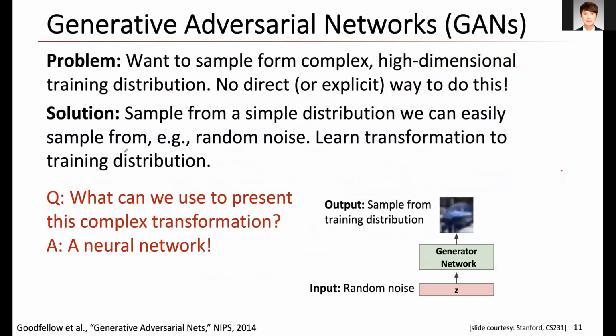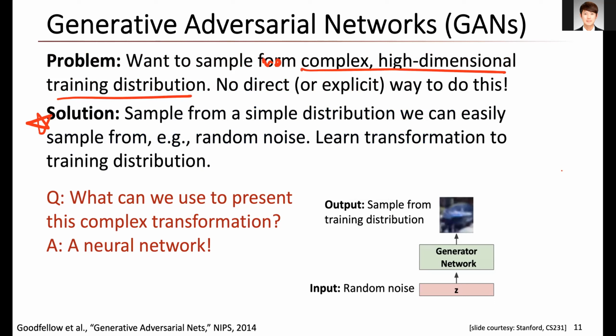So the problem is we want to sample from a complex high-dimensional training distribution. There's no direct way to do this because it is complex and high-dimensional. So the solution is to sample from a simple distribution, maybe a Gaussian distribution.